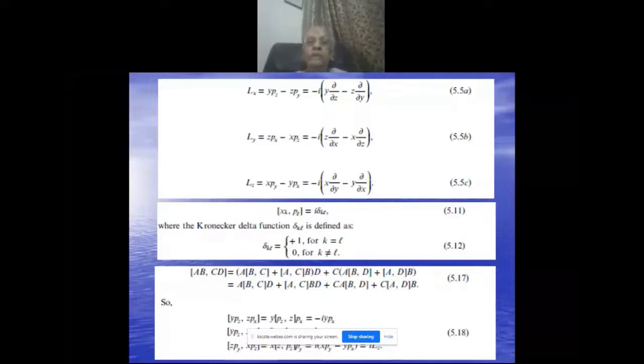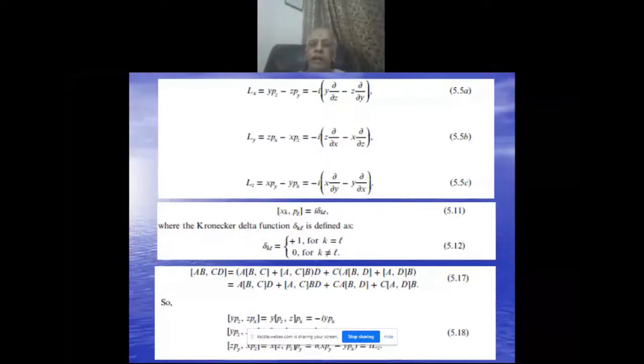And if you now take the fact that position and momentum, 5.11 tells you, do not commute, there is a commutation relation between them. If they commute, then xk pl must be equal to 0. If xk and pl do not commute, that means their difference, xk pl minus pl xk, which is what is meant by a commutation relation, is not equal to 0, so they are not commuting variables.